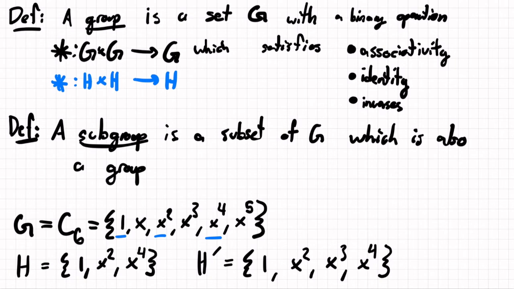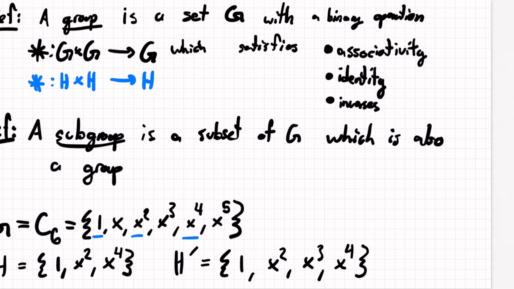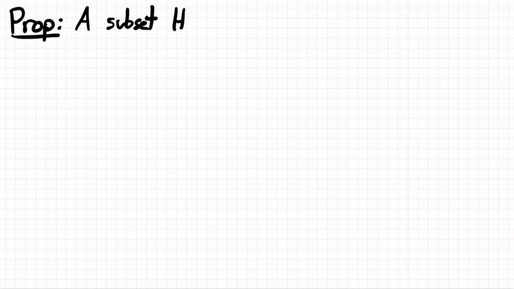So to make this more explicit and less subtle, what I'll do is write a proposition, which is our characterization of what it means to be a subgroup. Let H be a subset of G, where G is a group.